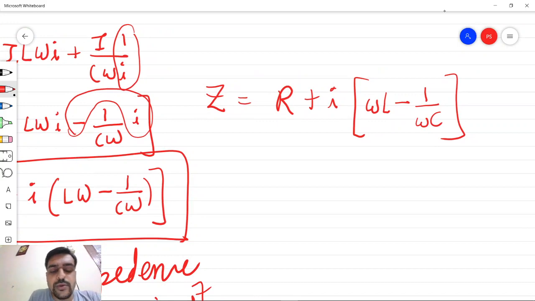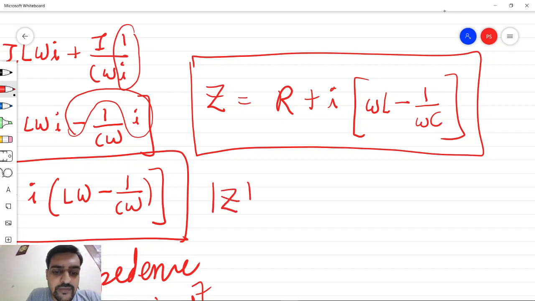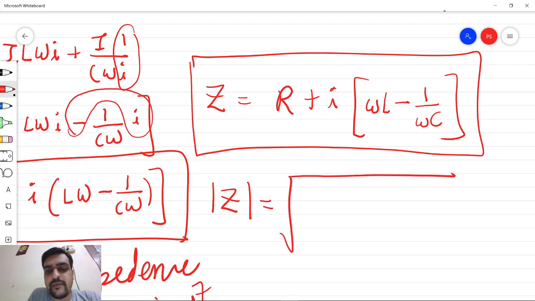Now in order to make it a physically measurable quantity, which is supposed to be real always, we take modulus of it, which gives us the magnitude of Z, as the root of real part squared plus imaginary part squared.